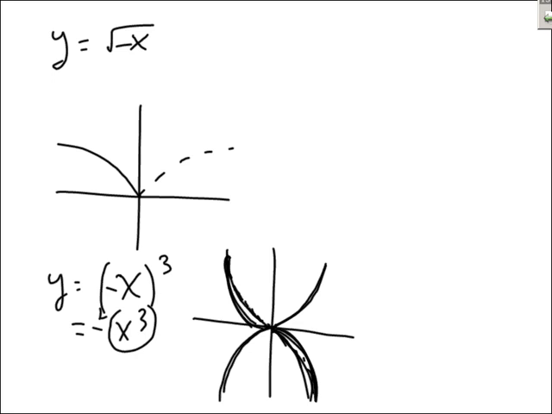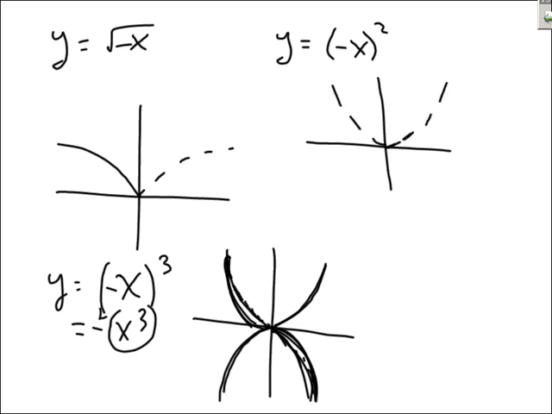If you're asked to graph y equals, now instead of x squared, if you have negative x squared, well, that's not going to matter, because x squared looks like this, and the mirror image of the right part across the y-axis goes like this, and the mirror image of what was over here becomes this.